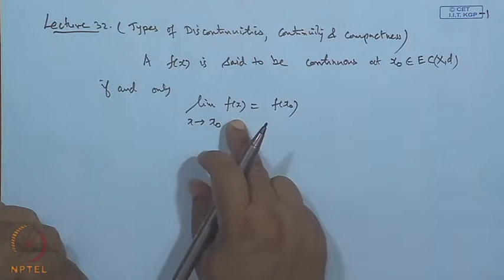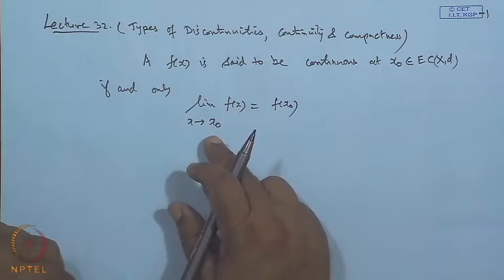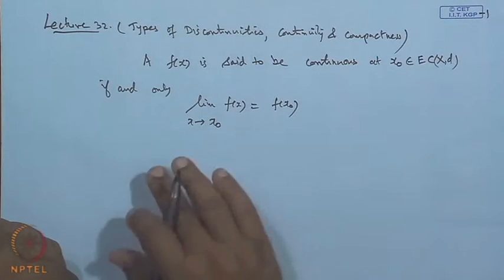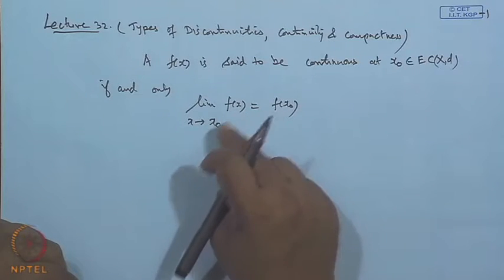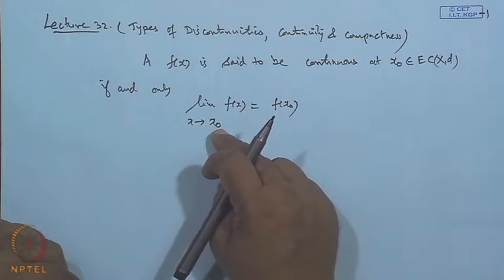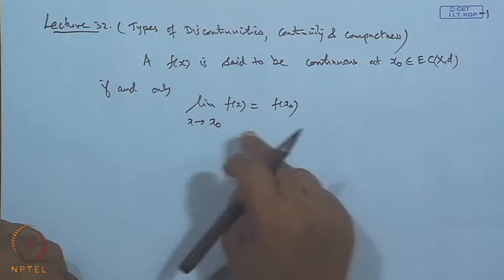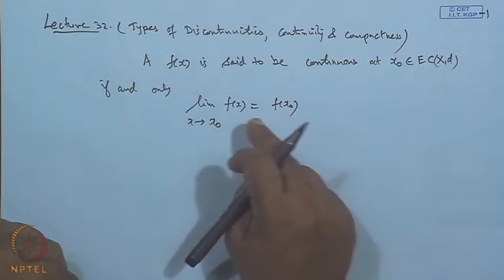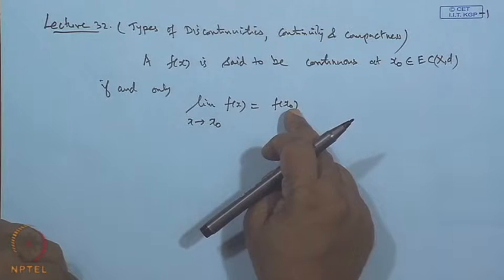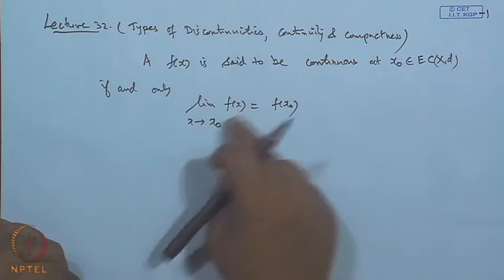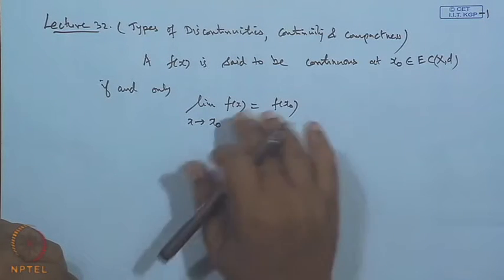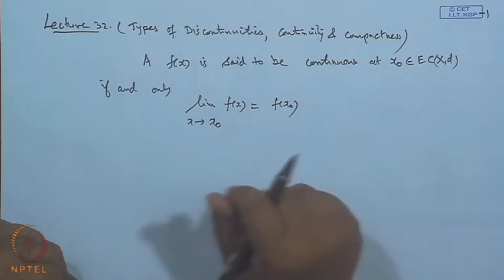Now, when we say the limit of f(x) as x tends to x naught equals f(x naught), it means the function must have a limit when x approaches x naught, that is, the left hand limit and right hand limit both exist, they are equal, and the value of the function at the point x naught must coincide with the value of the limit of f(x) when x approaches x naught. Then only the function will be said to be a continuous function.